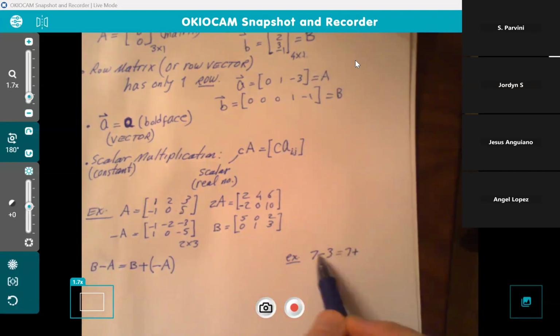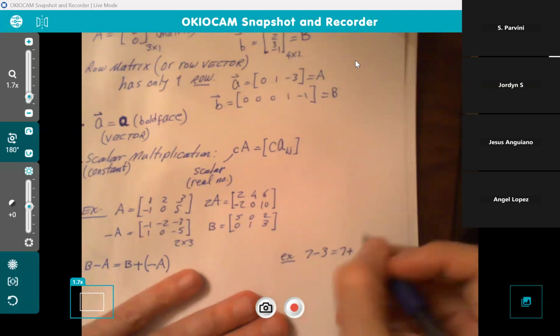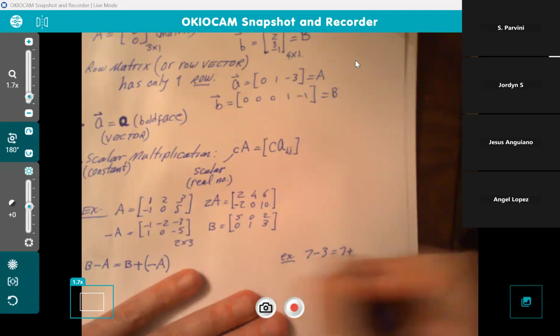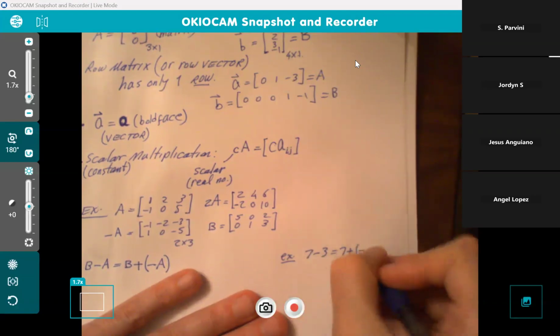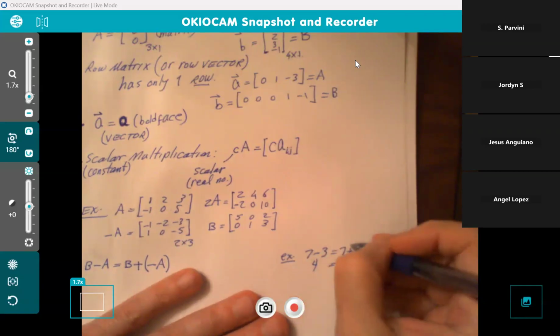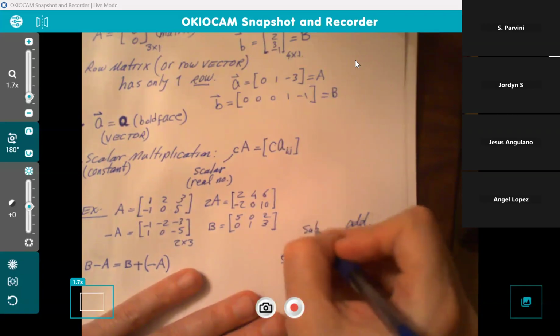I don't like subtraction, so for me, that's addition, but then I have to adjust the 3, right? Here I'm subtracting 3 from 7. To subtract 3 from 7 is to add the opposite of 3 to 7, isn't it? It will give me the exact same result. That's 4. This is 4. So this is just rethinking. This is addition. This is subtraction.